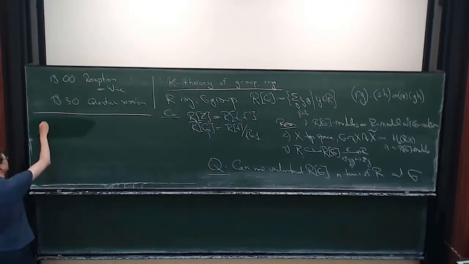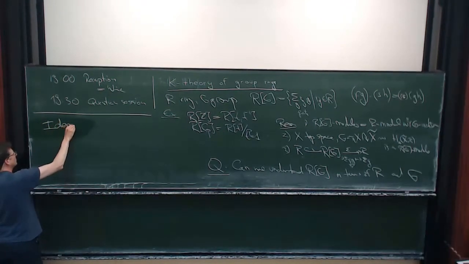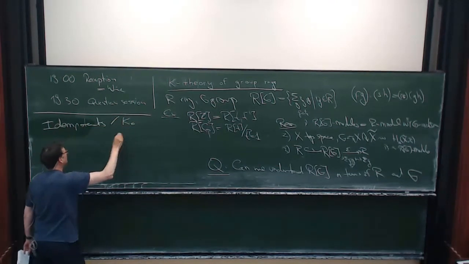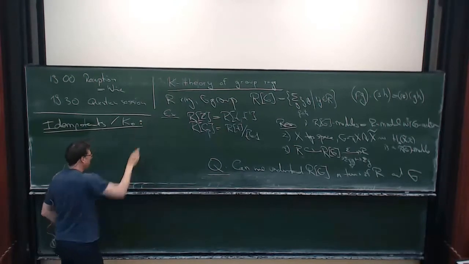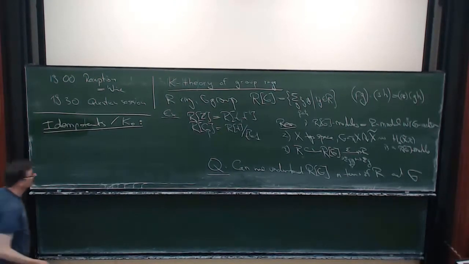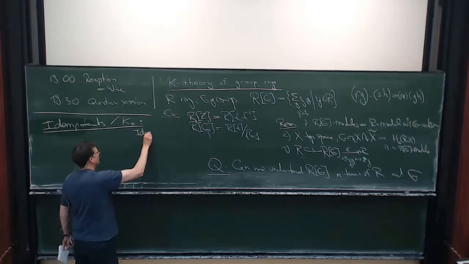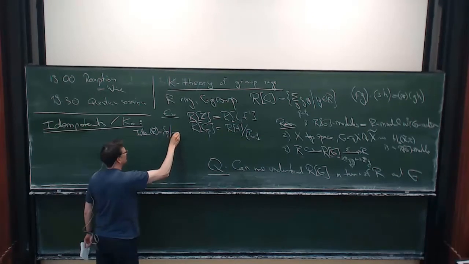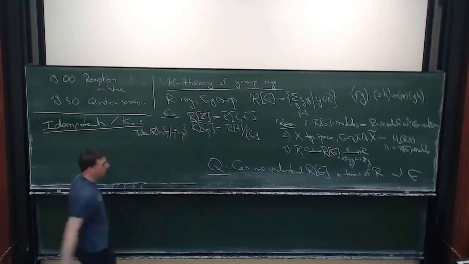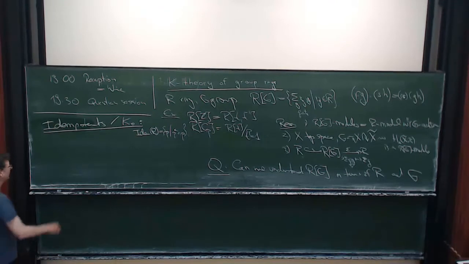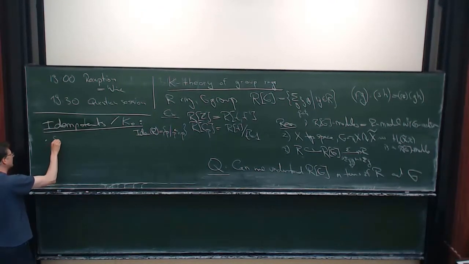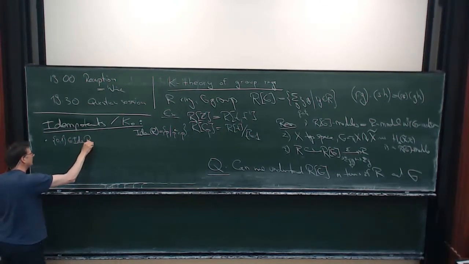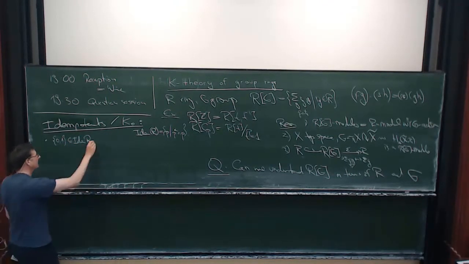So first I want to discuss this from the point of view of idempotents or K0. Okay, so just to fix the notation, the idempotents of a ring are the elements that square to themselves, and obviously 0 and 1 are idempotents in every ring.